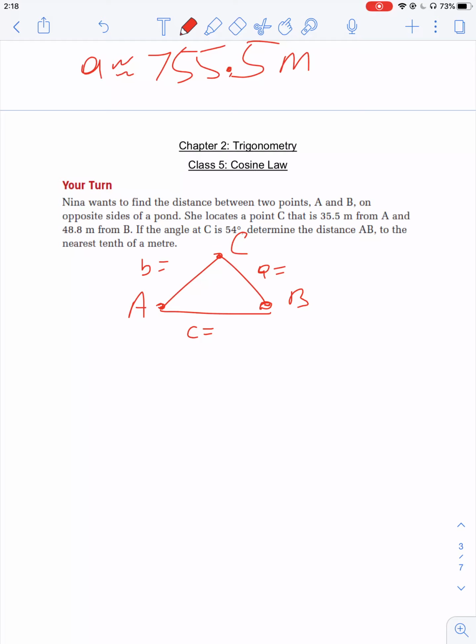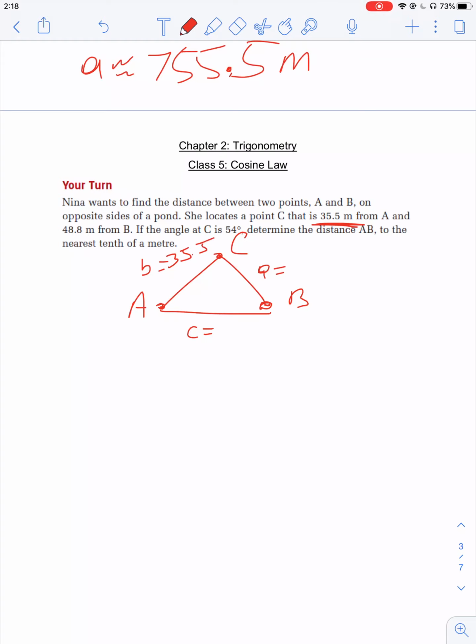So point C, that is 35.5 meters from A. So the distance between A and C is 35.5. So I'm gonna put 35.5 over here.